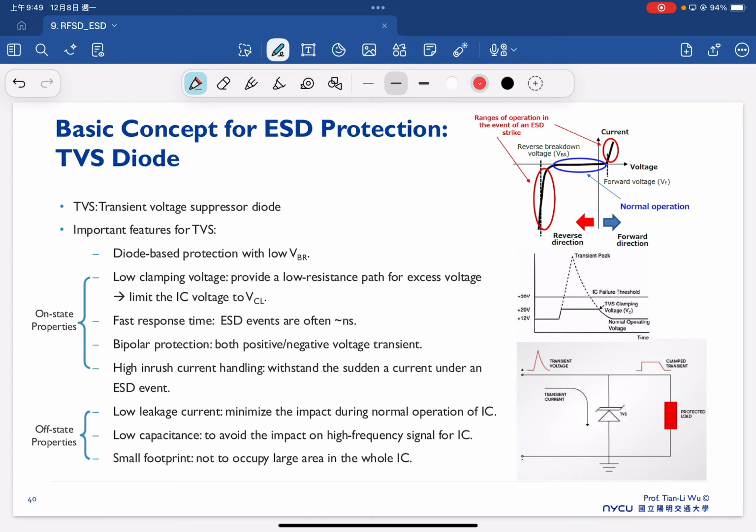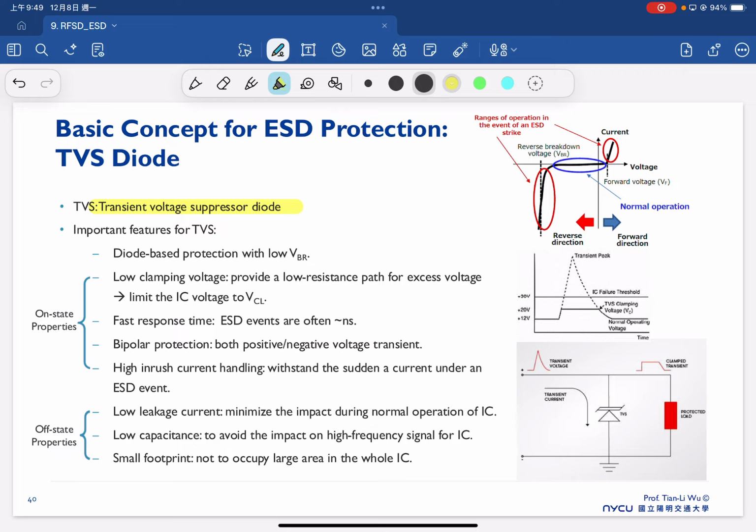To have very good ESD protection, we need to consider several devices that can help us have good ESD capability. Therefore, in the following, we will introduce several very often used ESD protection devices. The first one is what we call the TVS diode, whose full name is transient voltage suppressor diode.